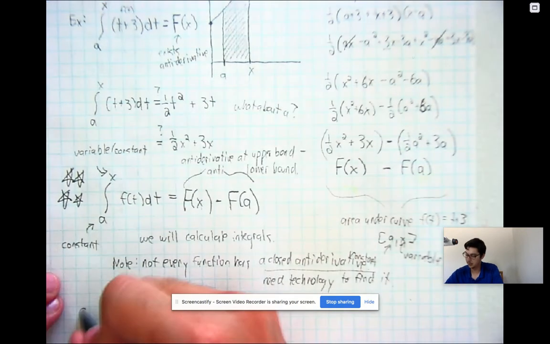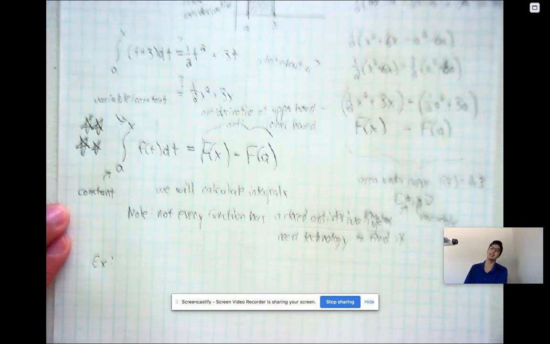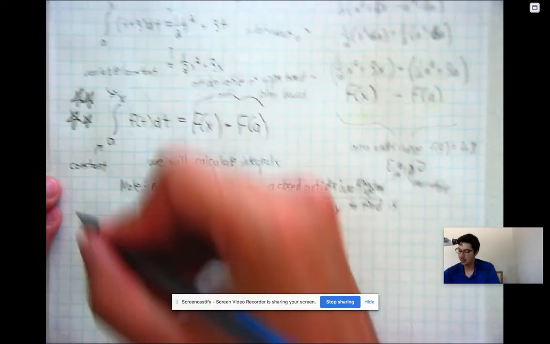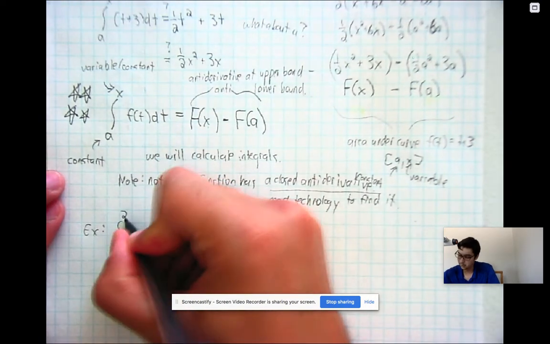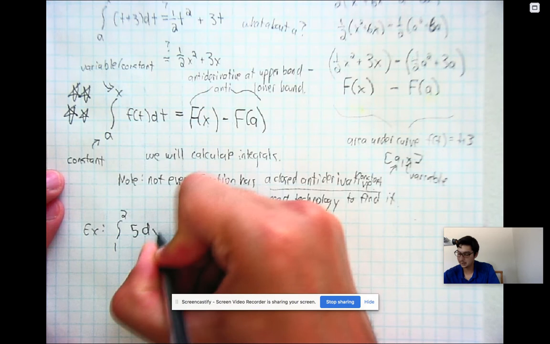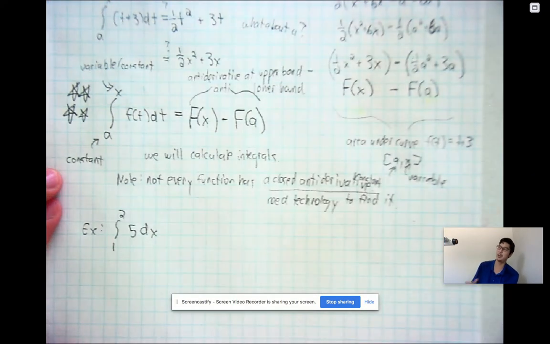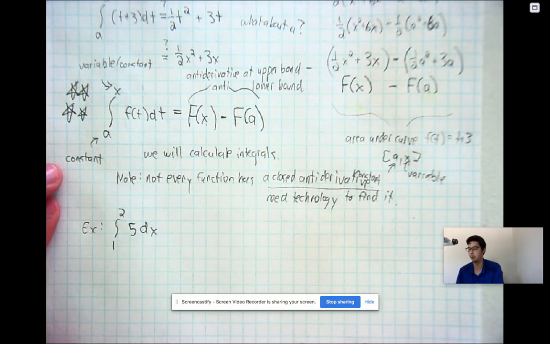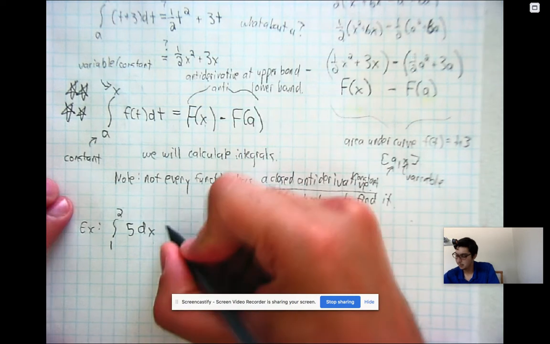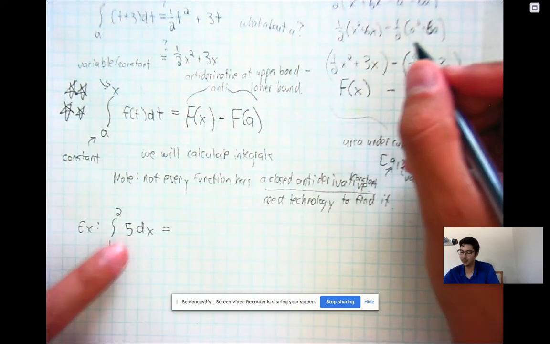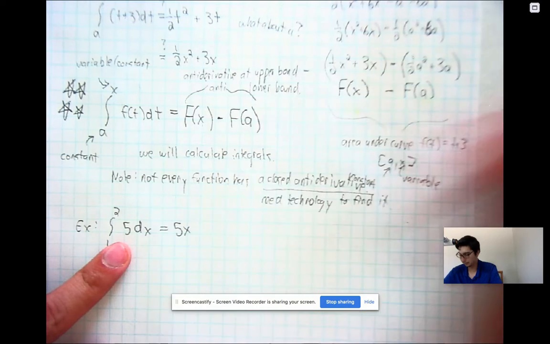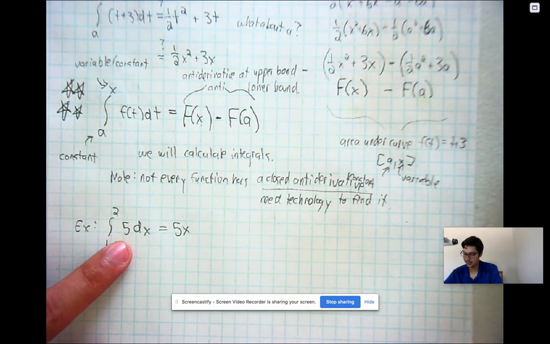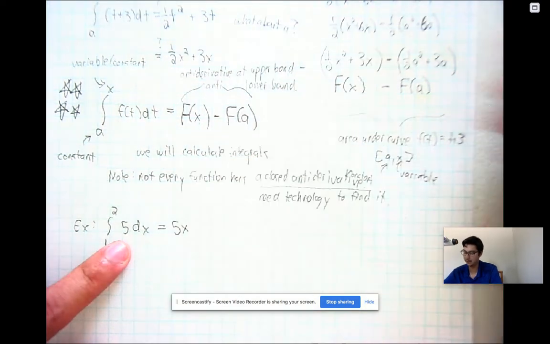Okay, so let's look at two examples, and you can see how this is so helpful for us. Say you want to find the integral from 1 to 2 of 5 dx. So just a constant 5, which you probably know is a rectangle, and you know the answer is 5. But using what we know, the antiderivative of 5 is 5x, because if you take the derivative of 5x, you get 5.